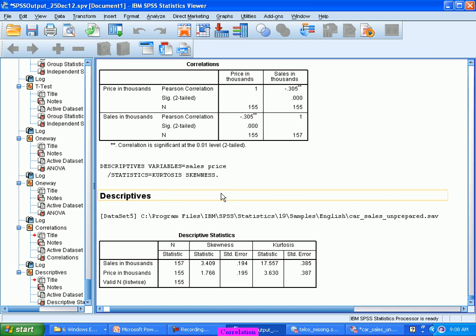Because correlations, regressions, t-tests all make an assumption that your data is normal in nature. So when it gave minus 0.3 as the correlation, it assumed that your data was normal, whereas in reality it was not.